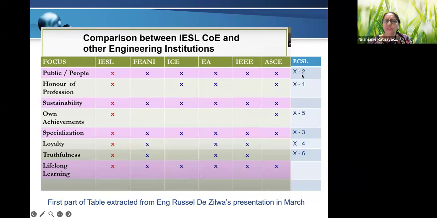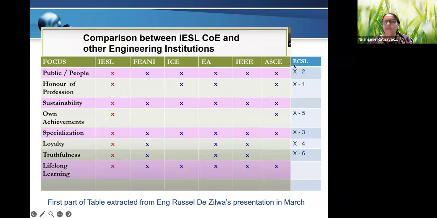So now, looking at this, one thing is, as I said, to be registered in the Engineering Council Sri Lanka, you have to be a member of the IESL, in those 3 categories: affiliate member, associate member, and chartered member, right? So if you are already a member of IESL, you have to abide by all 8 codes anyway.